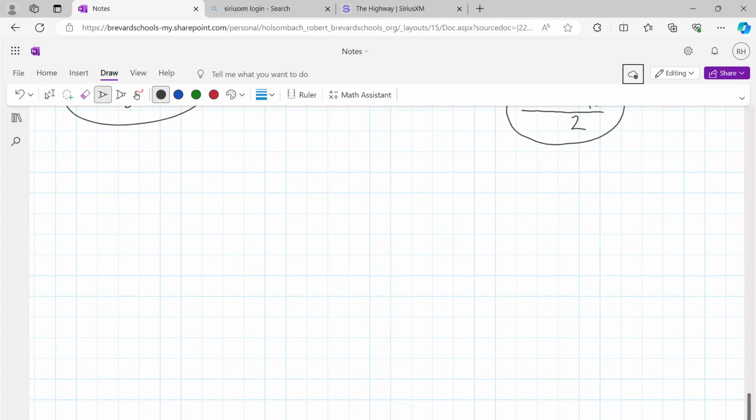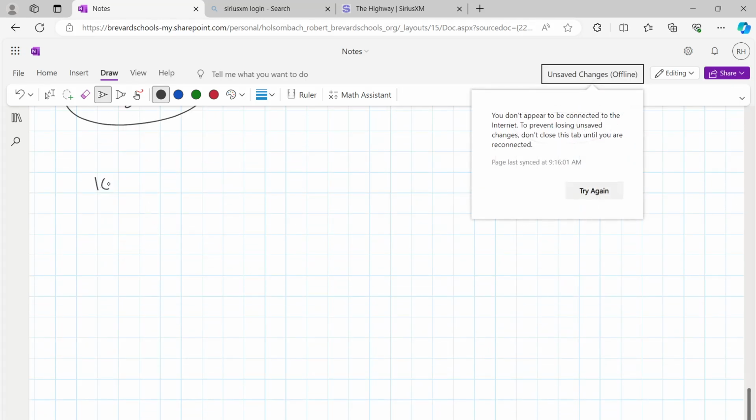All right, and then number 10. You are told that the base of a triangle is half the height. Base of a triangle is equal to 1/2 the height. Area of a triangle is 196. Find the base and the height.